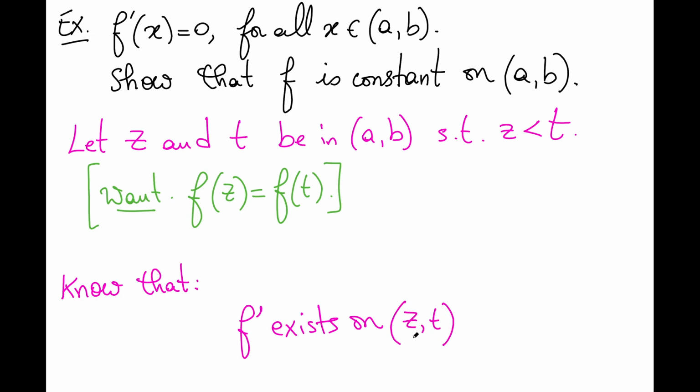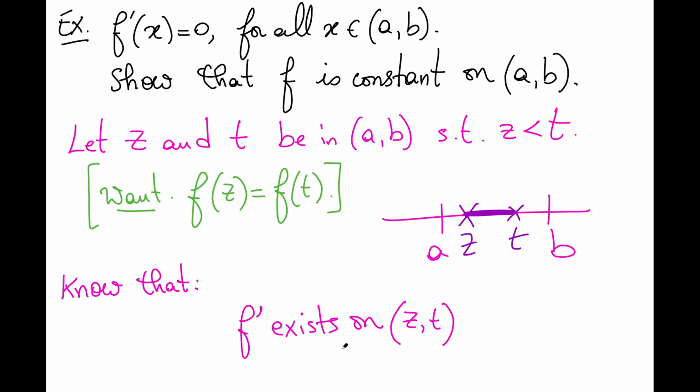Because this interval ZT is a subset of AB, Z and T being inside A and B, correct? So this is A, this is B. Z and T are within that interval. So maybe Z is somewhere here and T is somewhere here. So that's the interval I'm working on. Because they told us f prime of x is 0, which means f prime of x exists, which means f is differentiable on AB. So if f is differentiable on the larger set, certainly it's differentiable on the smaller one. That's what I said here, correct?